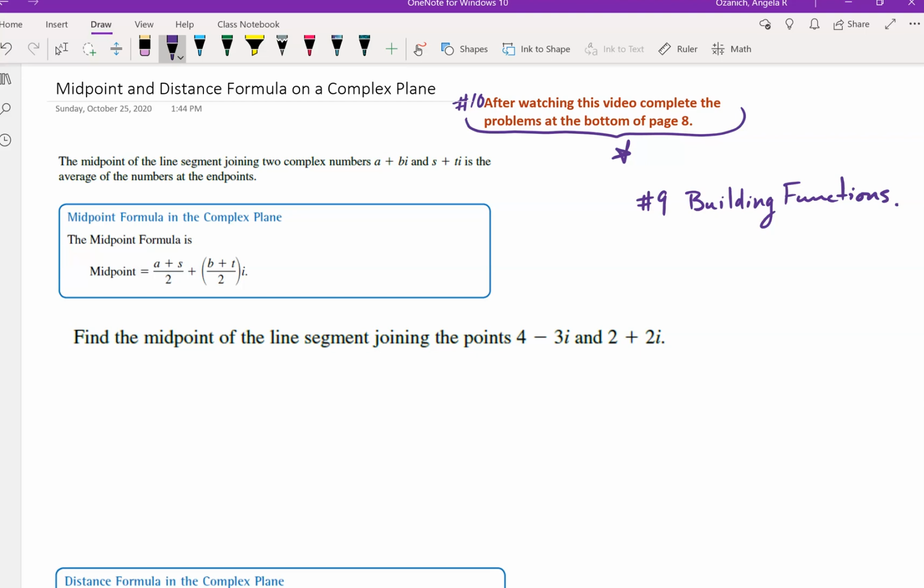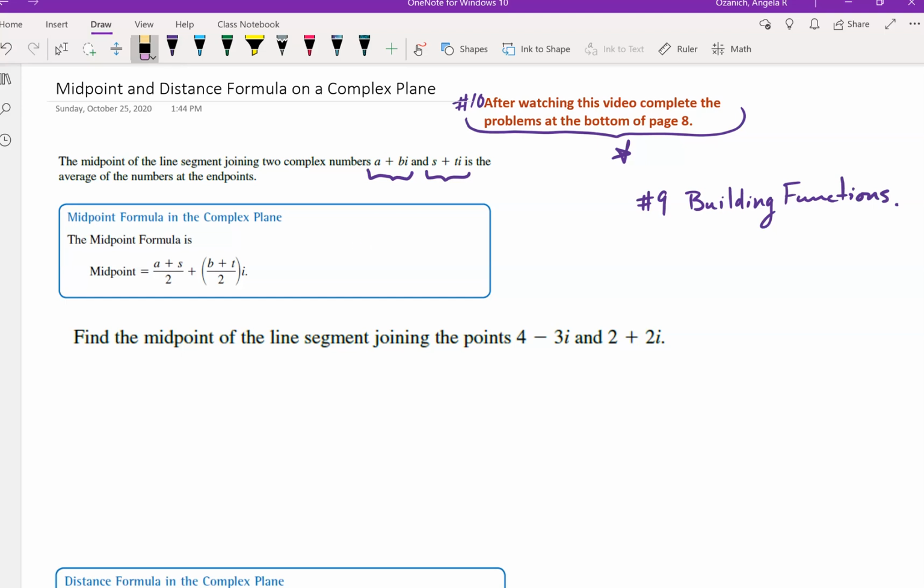Okay, so the big thing would be to notice for this formula that they are using a plus bi as a general form of your initial complex number, and then s plus ti as your second complex number. When I gave you guys the formula, I just said we're bringing together the real components.